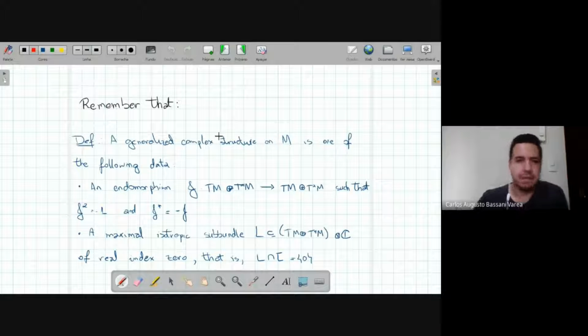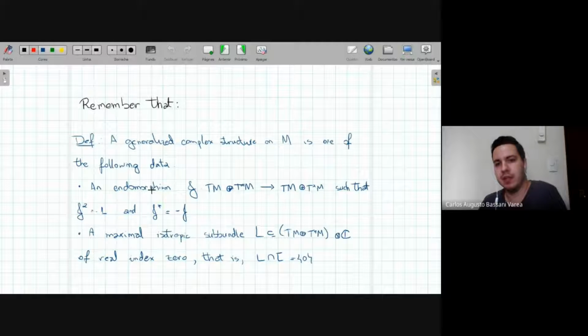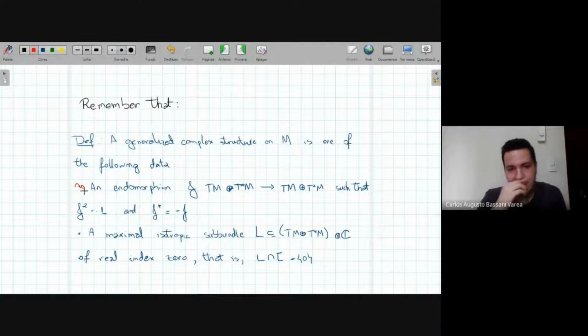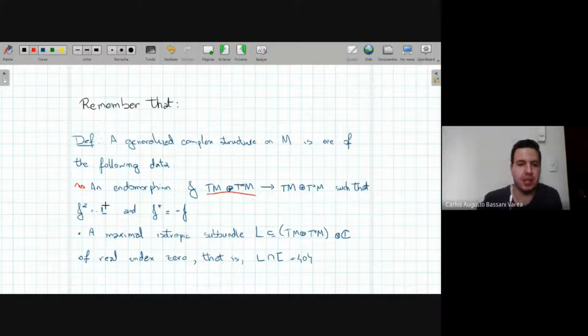So just remember, we defined a generalized complex structure on a smooth manifold M. We had two ways to look at the generalized complex structures. One is to look at the generalized complex structure as an endomorphism on the tangent bundle plus the cotangent bundle, satisfying two conditions: a complex condition, that J squared is -1, and a symplectic condition, that J star is -J.